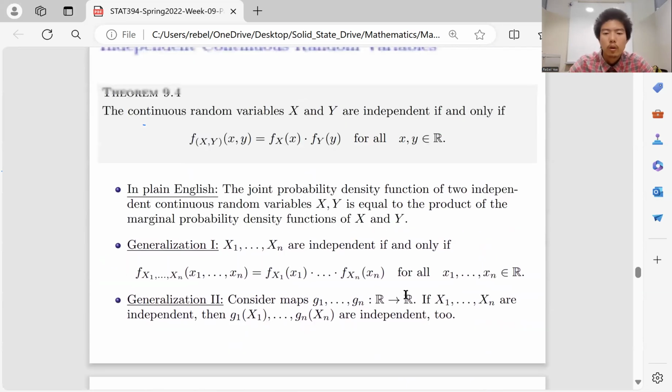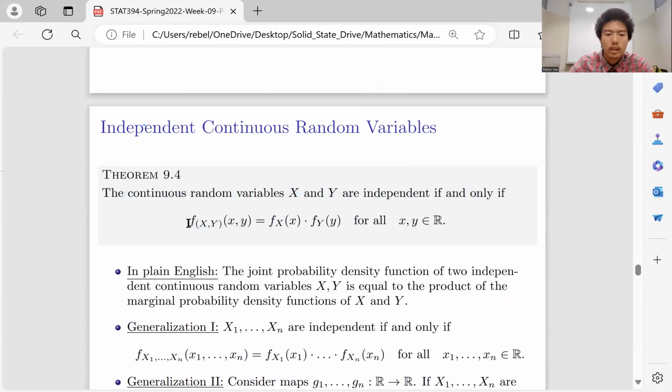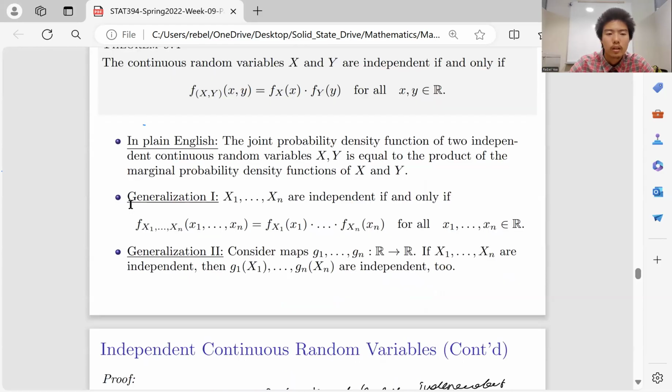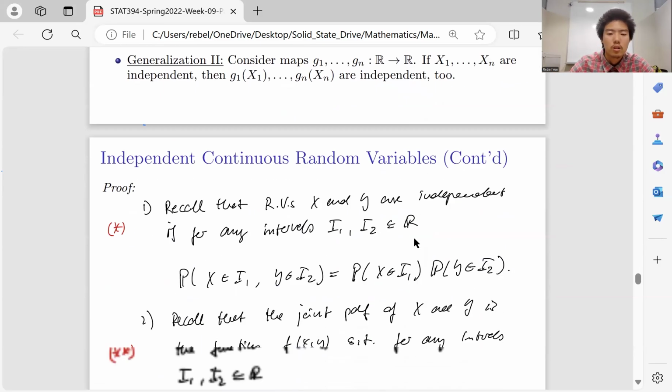So we can prove the if and only if relationship here, that if this is satisfied, then X and Y are independent continuous random variables. We can prove the two-random-variable case, and then make the generalization to all dimensional cases.